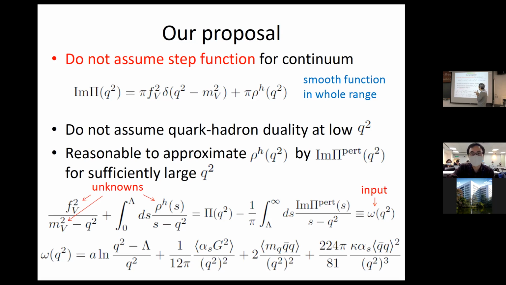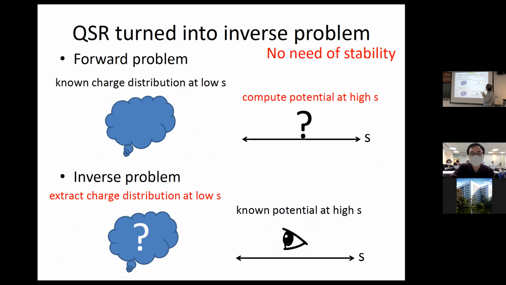Then the left hand side contains unknowns like rho h, decay constant, mass. They are all unknowns. Then we want to solve this inverse problem. So we turn the QCD sum rule into an inverse problem. And because we solve it exactly, we don't need to demand stability because we just get a solution.